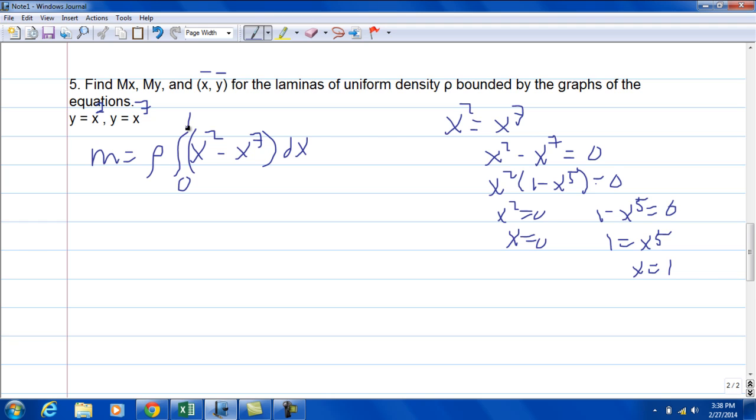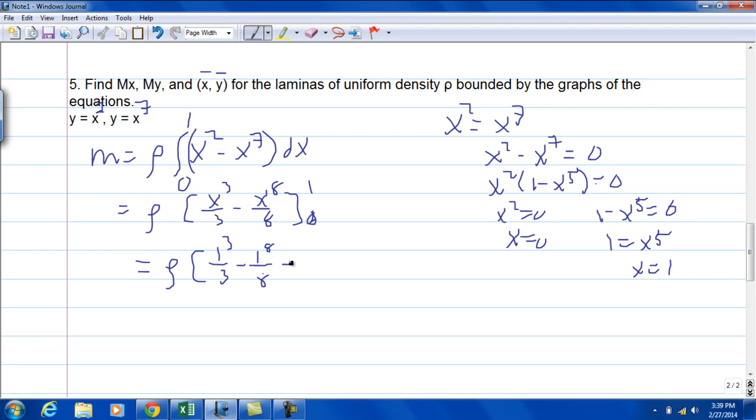Okay, and that's going to give us rho times x cubed over 3 minus x to the 8th over 8 from 0 to 1. And that's going to be rho times what? 1 to the 3rd power over 3 minus 1 to the 8th power over 8 minus, put in 0, you get a 0.